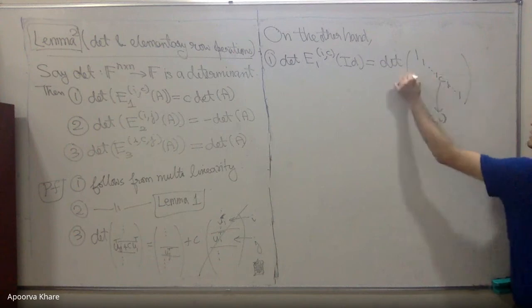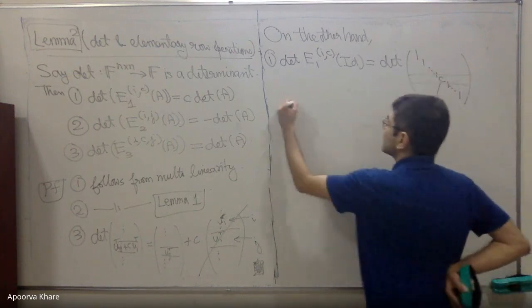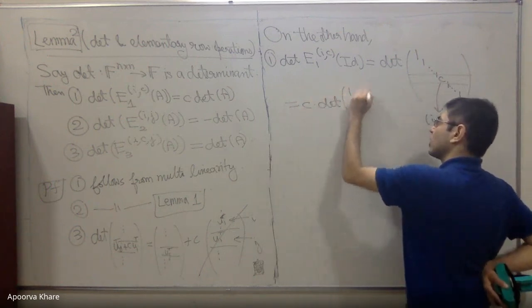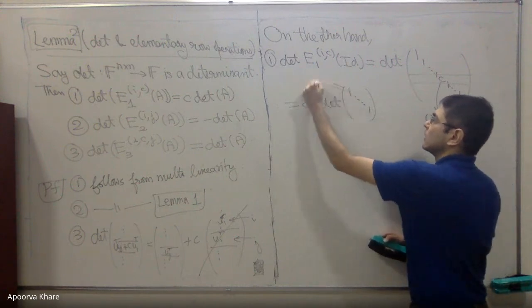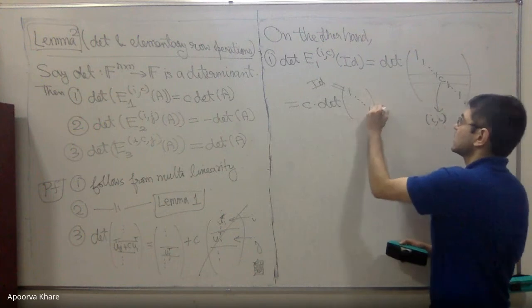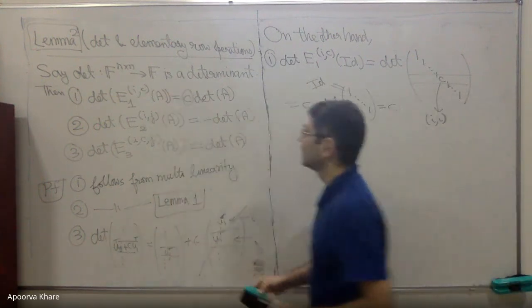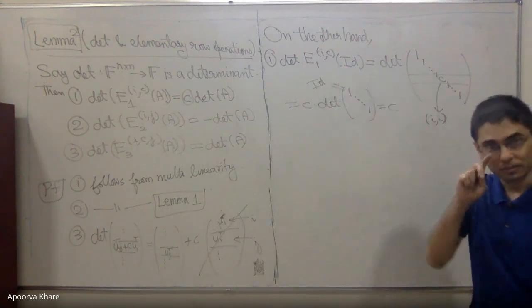But now it is multilinear in the rows, therefore I can take the C outside. This is C times the determinant of what? I just get all ones, but that is the identity matrix. So the determinant of identity by definition is 1, so this is just C, which means this is the determinant of this elementary matrix.